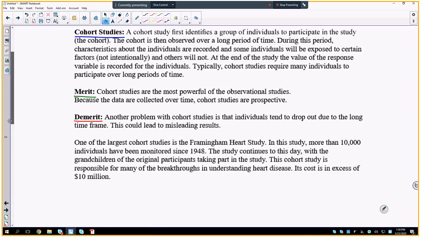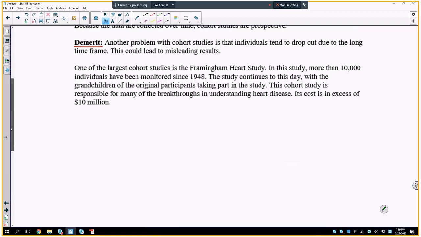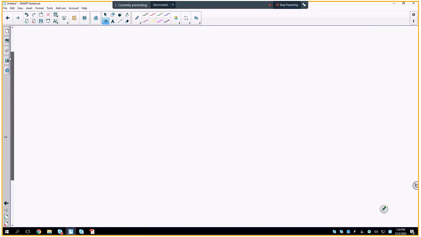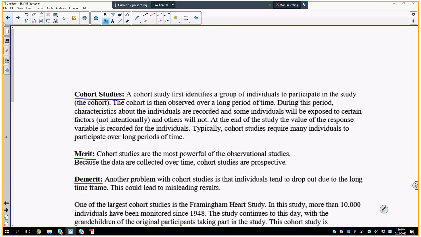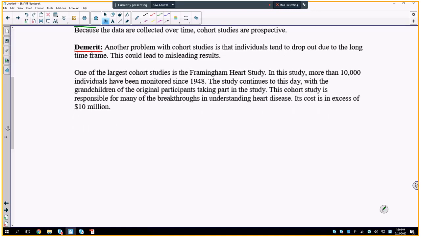This cohort study is responsible for many of the breakthroughs in understanding heart disease, but its cost is in excess of $10 million. So if you have a little time after this lesson and you want to go online and Google this study, it's fascinating what they've done. And as it says, it's been very enlightening and it's helped researchers learn a lot about heart disease, but it hasn't come without a cost.